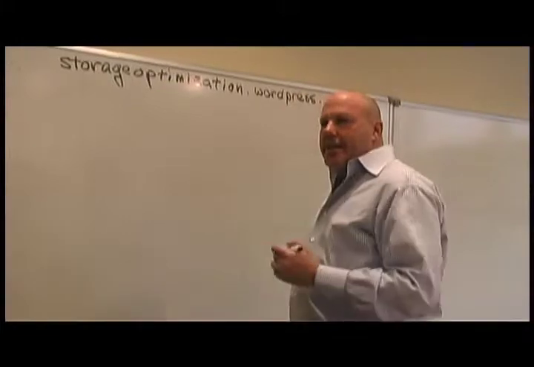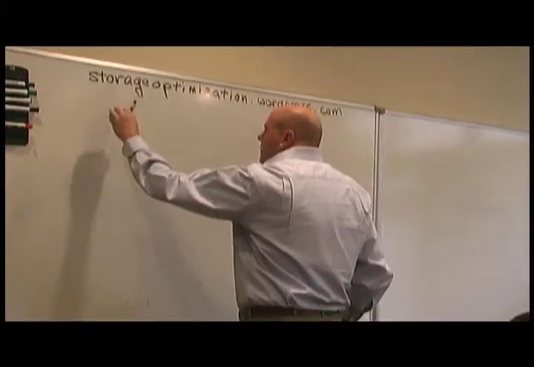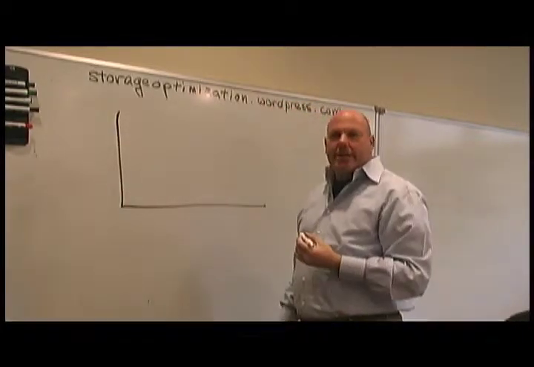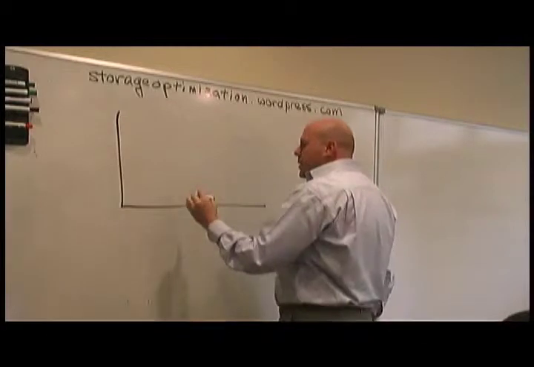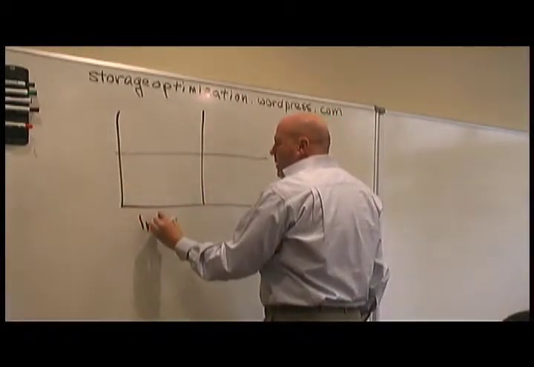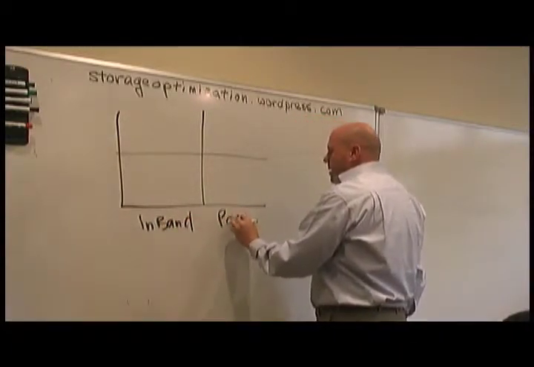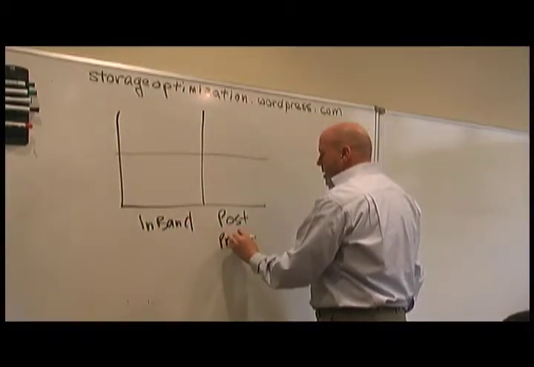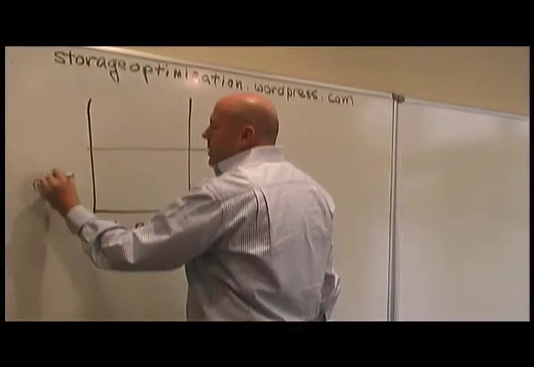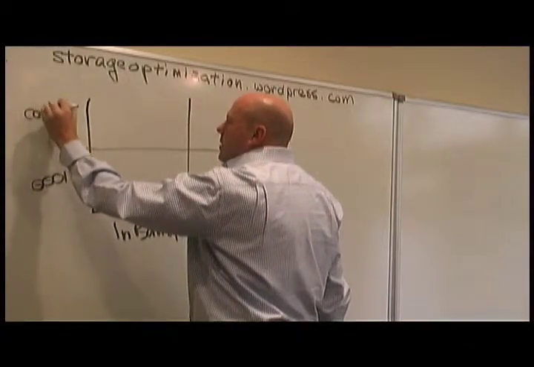So some of the big debates that you've seen in dedupe don't apply or apply in different ways for online storage. So you hear the argument in-band versus post-processing. And you hear the argument zeros and ones versus content aware.